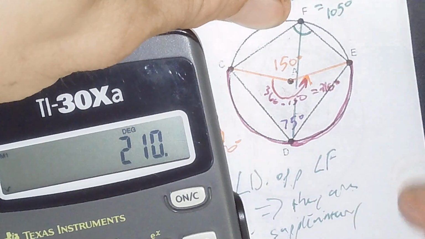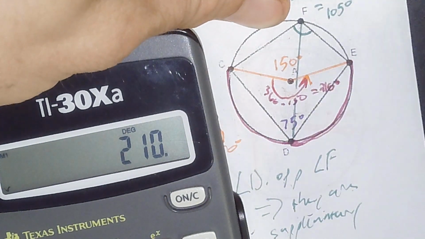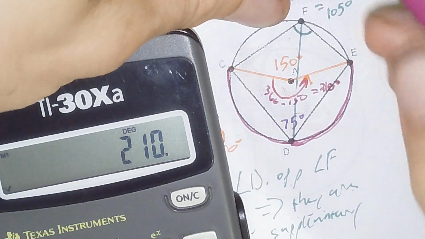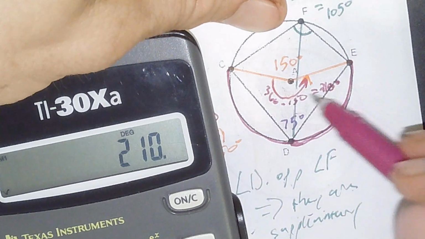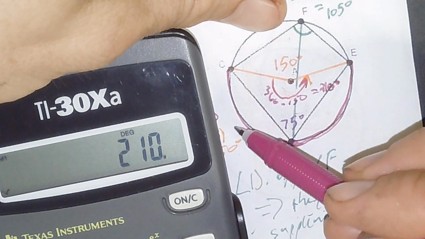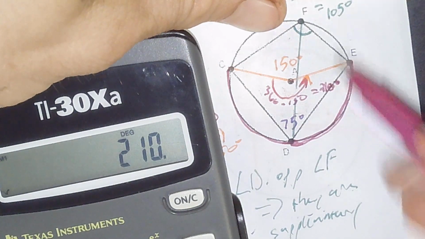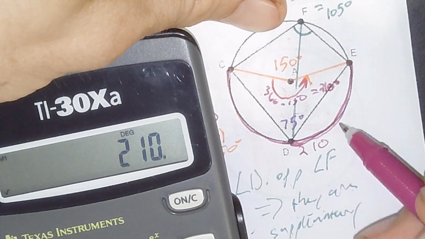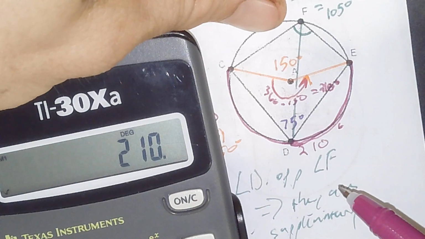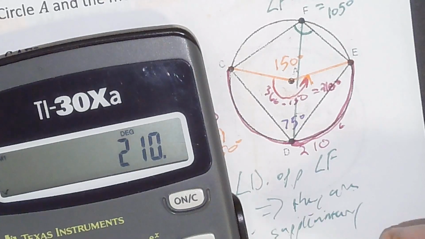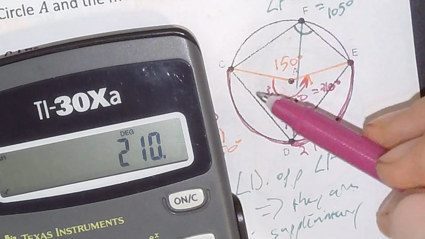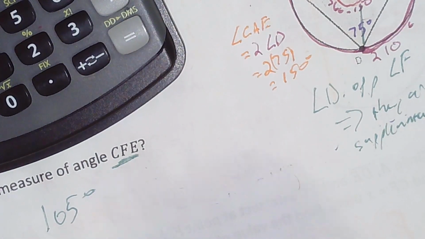Since that equals 210 degrees and this is a central angle, its respective arc is 210 degrees. So that's how you figure that whole thing out, because it's 360 minus 150.